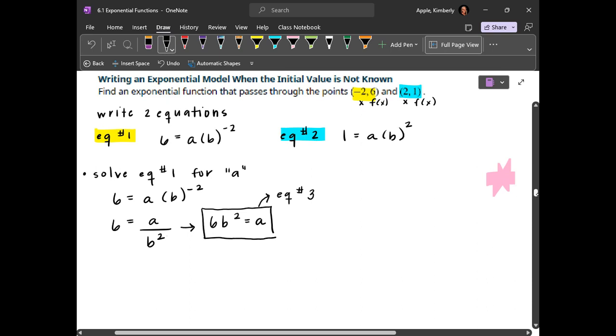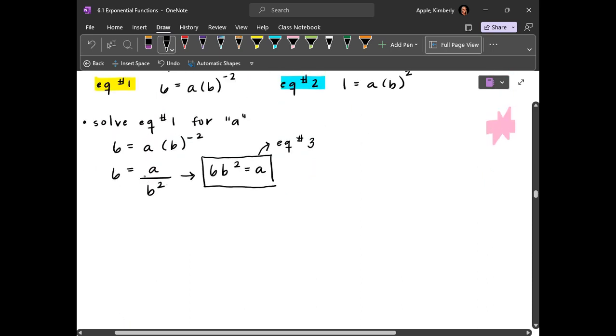That's one method of solving a system of equations, is by substitution. So I will substitute the a I just found into equation 2, which will enable me to solve for b. Substitute equation 3 into equation 2, and then solve for b.